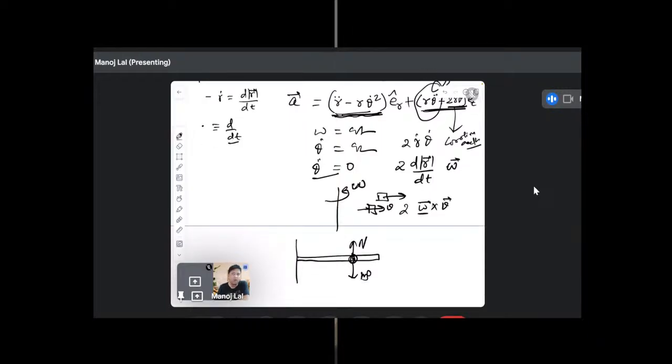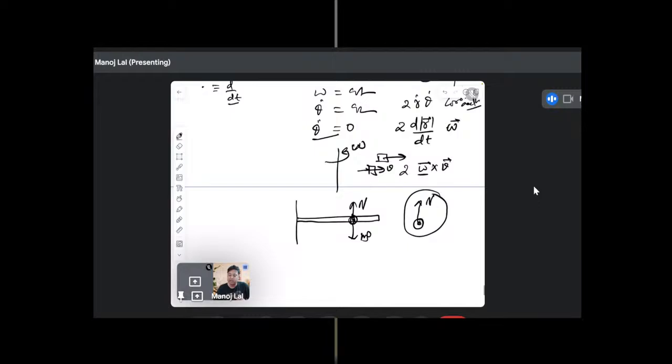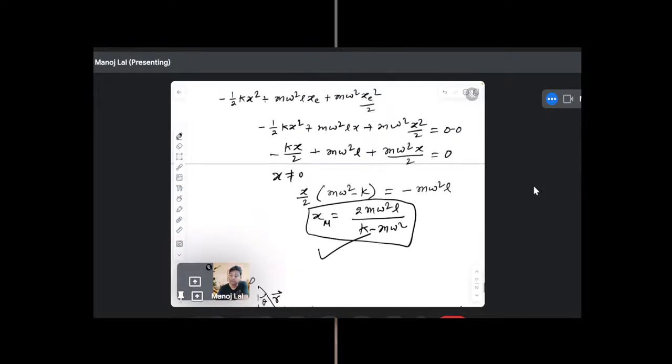That is nothing but the reaction of the rod, in the plane of the rod. So one reaction is n and the other is this. These two reactions are perpendicular, so the net reaction is n square plus n dash square, and that will be greater than mg, because n is equal to mg. This is how we can say that option D is also correct.